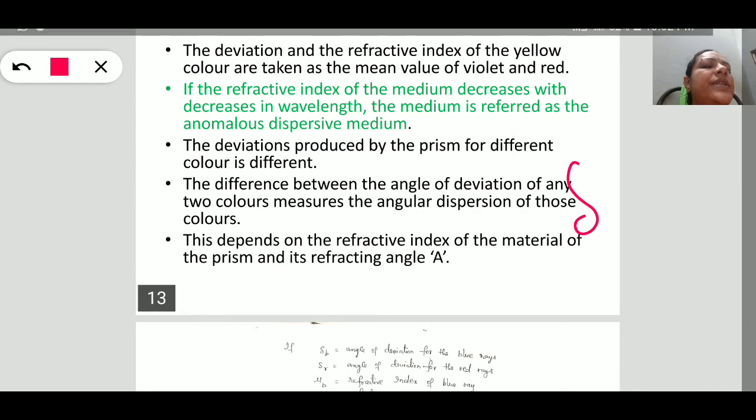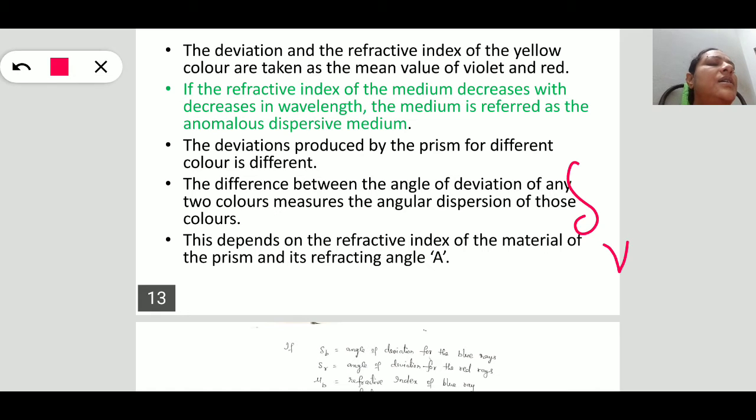If you take the deviation of violet color and the deviation of red color, this gives the angular dispersion of these two colors only. If you take green and red, yellow and red, orange and blue, like this, the difference between the deviations is the angular dispersion. This angular dispersion depends on the refractive index of the material of the prism and the refracting angle.